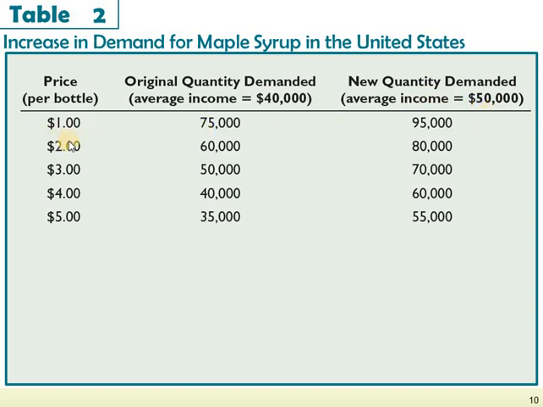Right? Doon sa price niyan, yung original demanded niya, 75,000 lang. Why? Because the average income is only 40,000. Nung naging 50,000 na yung kanilang average income, mas lalong dumami yung kanilang demand. Why? Because it affects the average income.